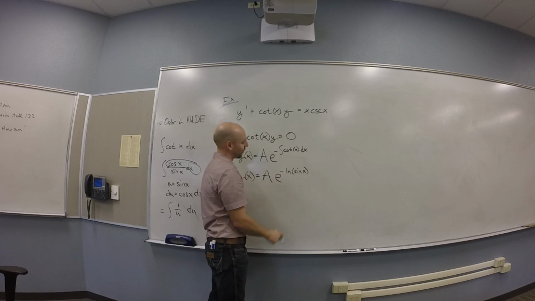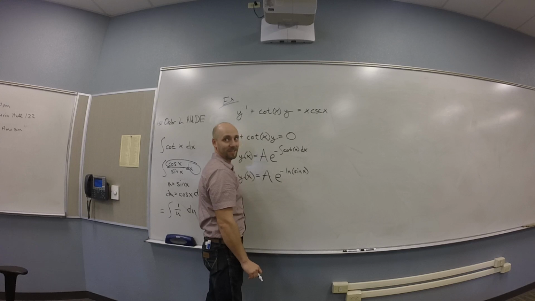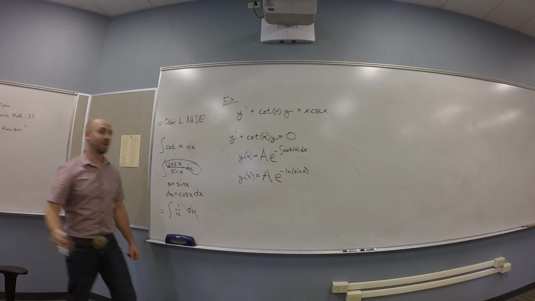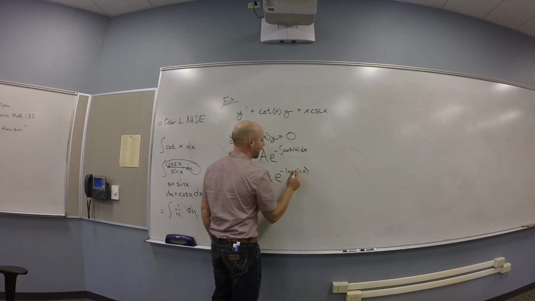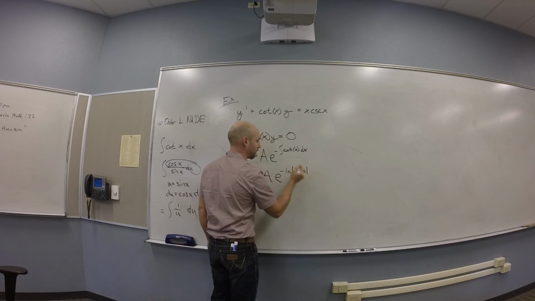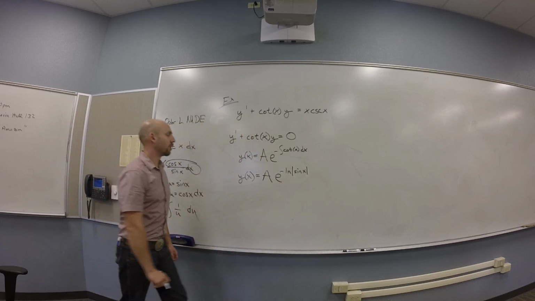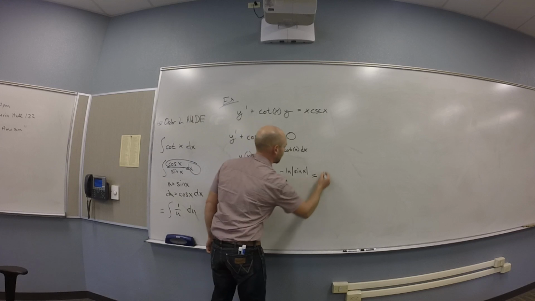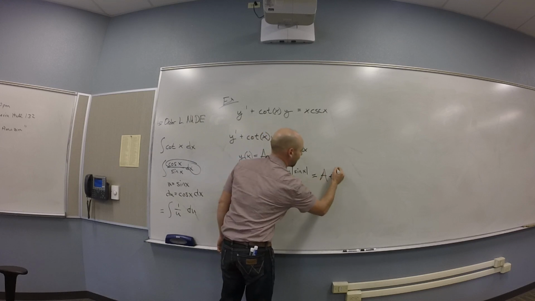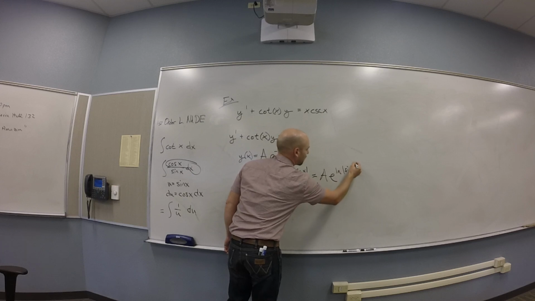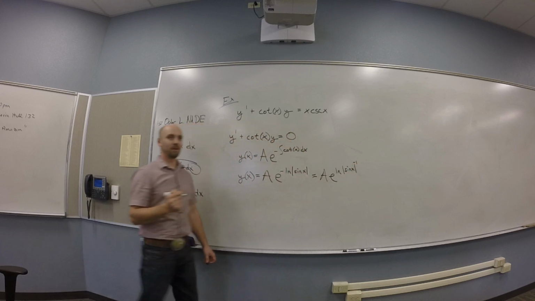Also, I should be a little bit careful here. What have I glossed here? Yeah, I glossed the absolute values, right? So really I should have the absolute value of sine of x in here. Okay, so I'm going to rewrite that as a e to the natural log of the absolute value of sine of x all to the minus 1 power.